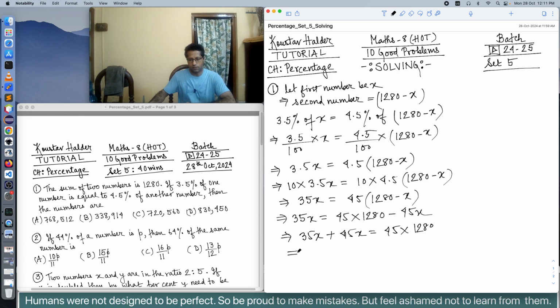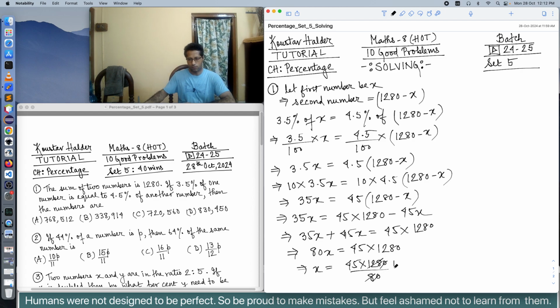This implies 35x plus 45x is 80x, which is equal to 45 multiplied by 1280. This implies x is equal to 45 multiplied by 1280 divided by 80. Okay, so 0 cancels out, and I guess 8 will divide 128.